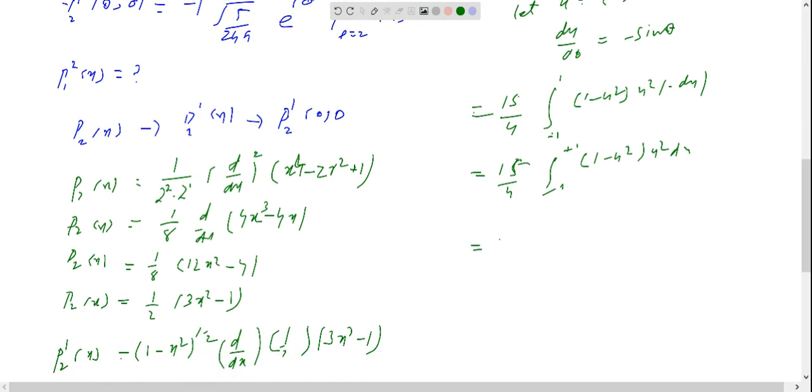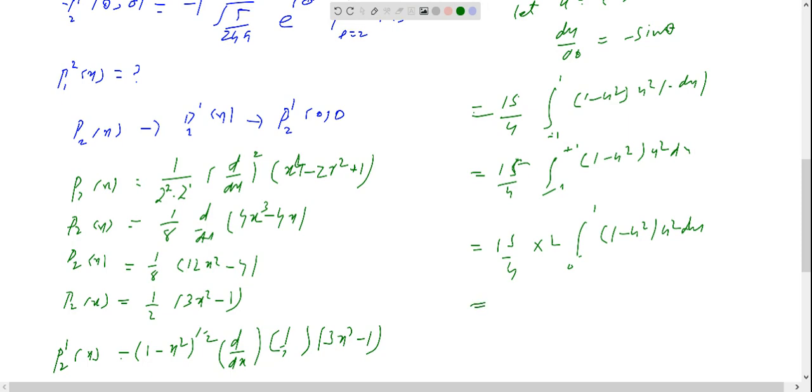Therefore this becomes 15 out of 4 into 2, and the integral is from 0 to 1 of (1 minus u square) du.